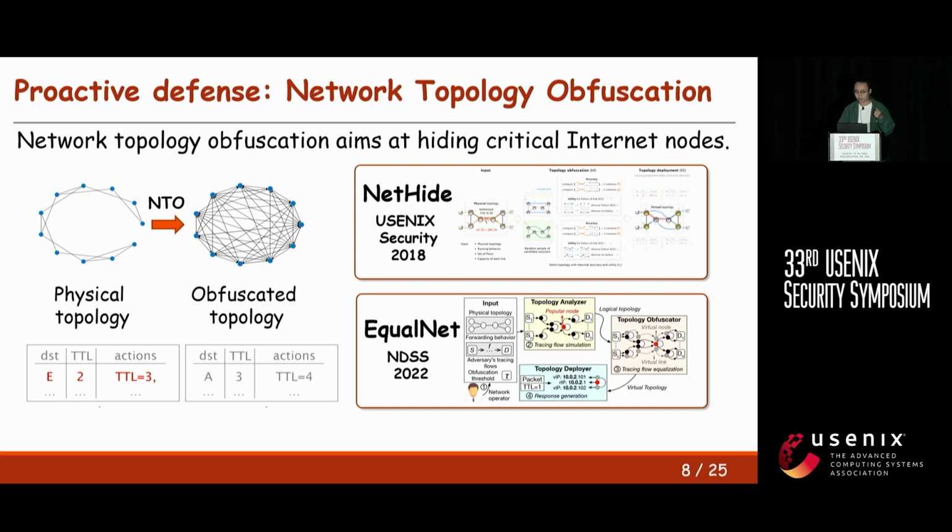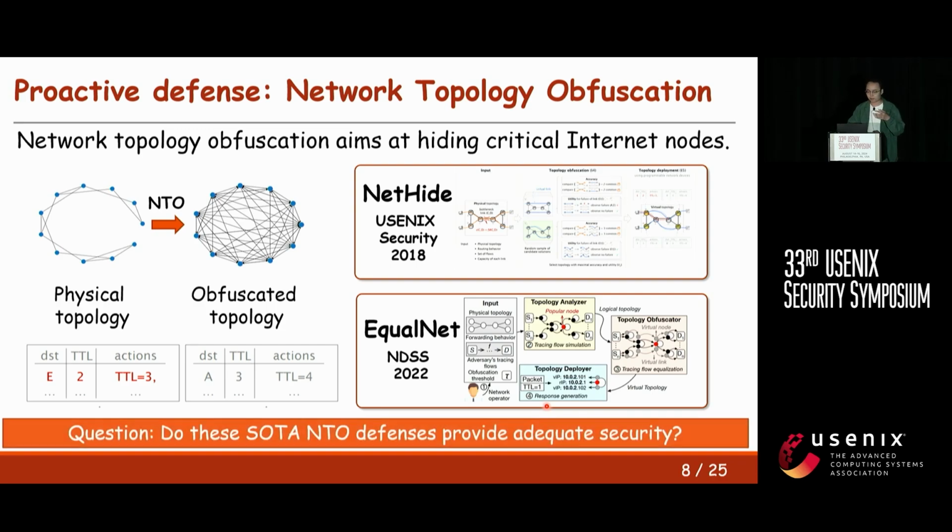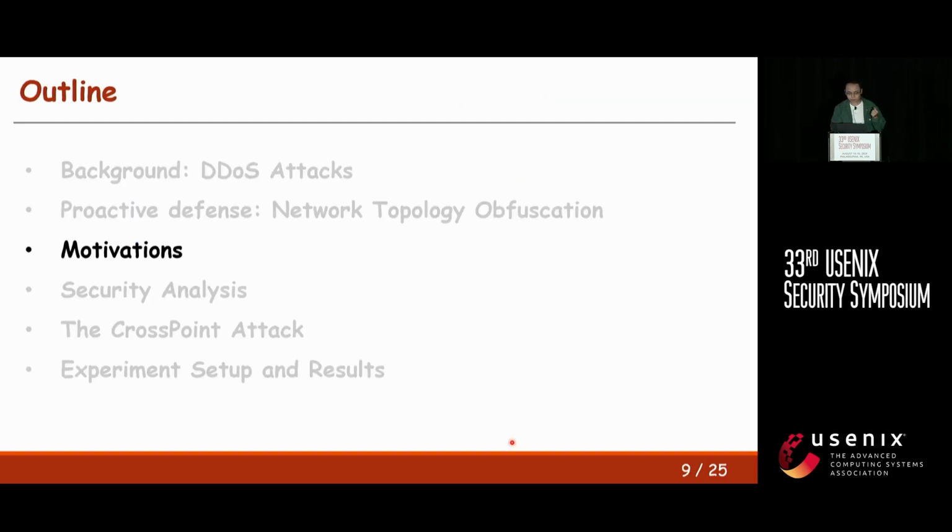Currently in the literature, state-of-the-art methods such as NetHide and EqualNet are well-known examples of network topology obfuscation. So our specific question is: do these state-of-the-art NTO schemes provide adequate security? Can they be used to protect our internet?